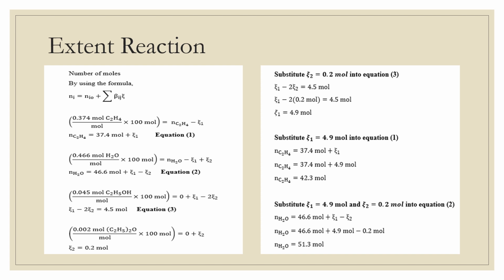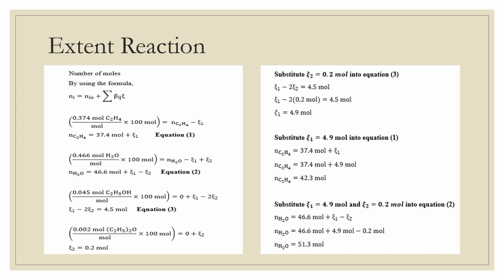Plus Z1, because in chemical reaction 1, ethanol is a product. Minus 2 Z2, because in the second chemical reaction, there are 2 moles of ethanol as a reactant, so it is negative. Simplifying, we get the third equation.